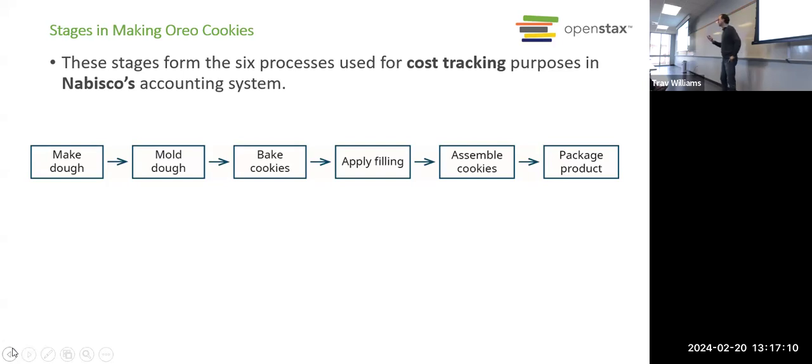And then, if these are Oreos, they've got filling between the two cookies. So that could be a separate department. Well, actually, one department putting the filling on, another one that assembles the cookies together. And then somebody else packages them up. Those could each be a different department.